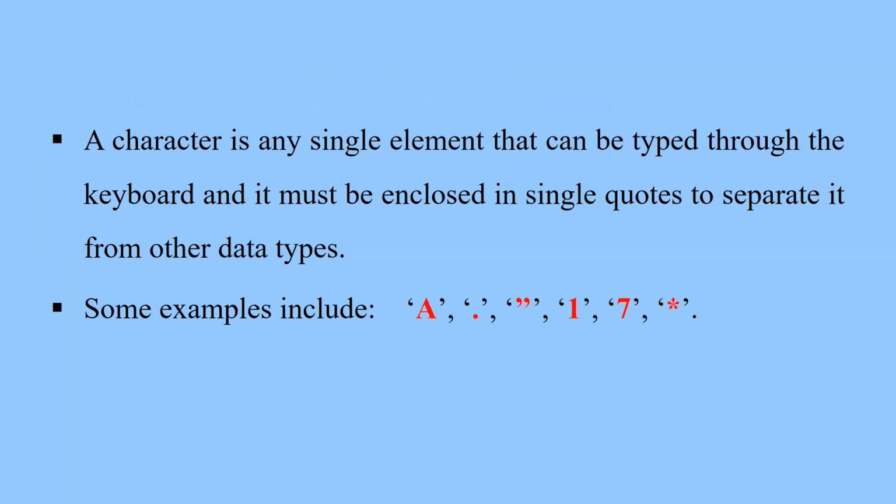So anything enclosed in single quotes, like A, period, including 7. We know ordinarily that 7 is a number, but when it is enclosed in single quotes, it becomes an ordinary character. It has no difference from A enclosed in the quotes.